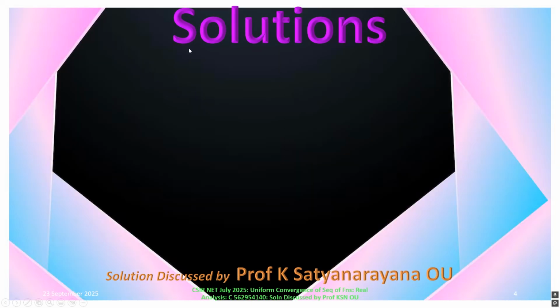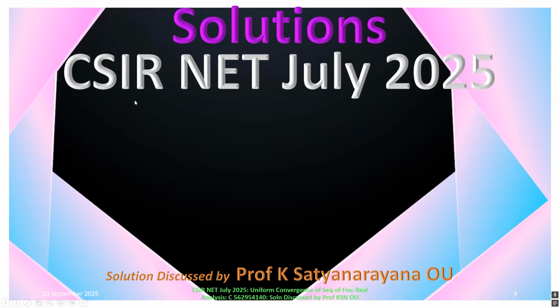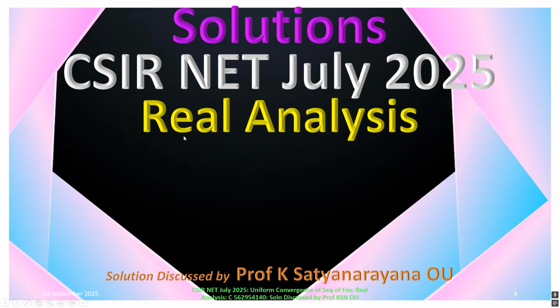Right. We continue the discussion of the solutions of the problems that have appeared in the CSIR National Eligibility Test July 2025. In this video, we discuss the solution of a problem from the section Real Analysis.